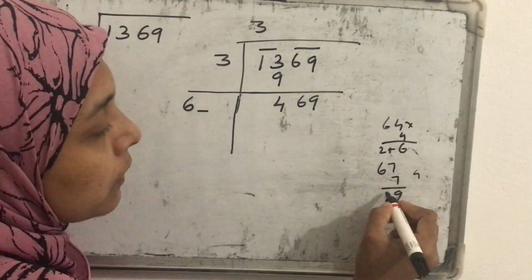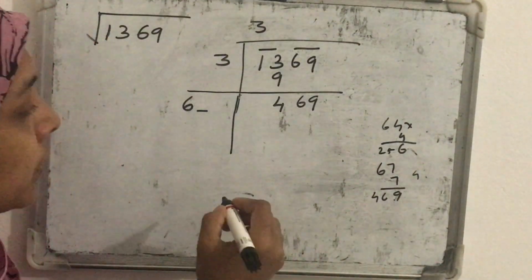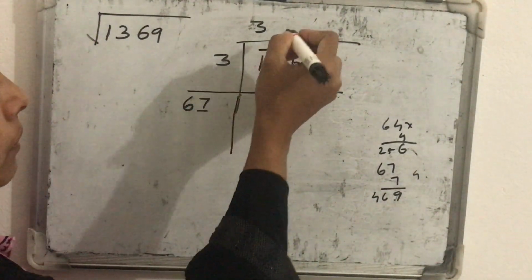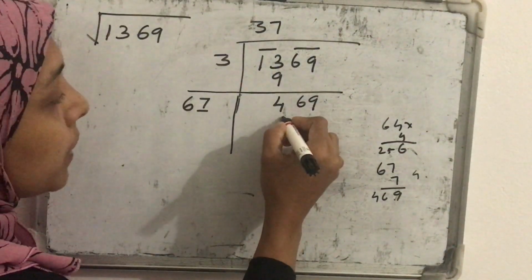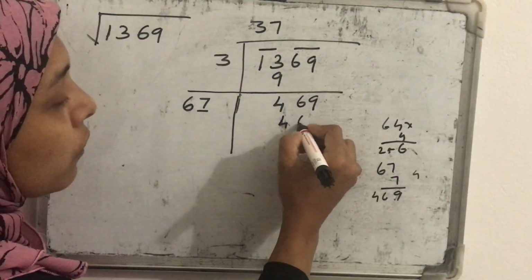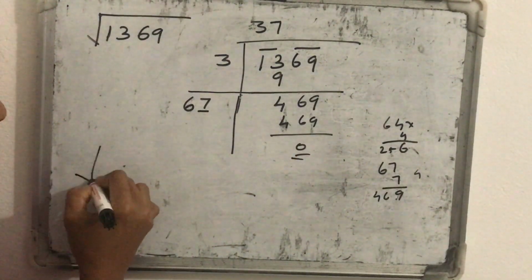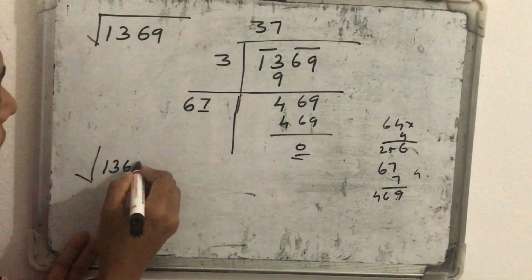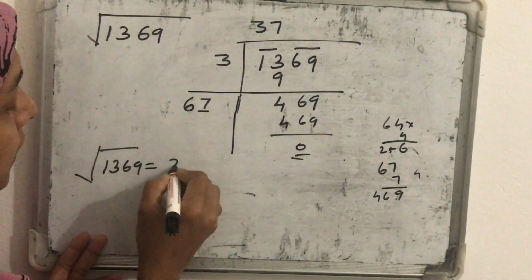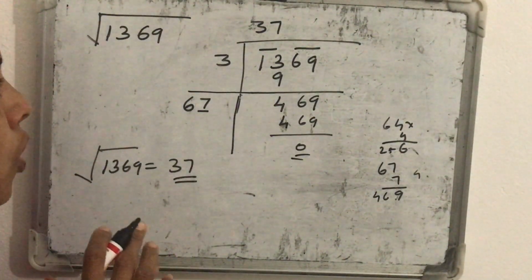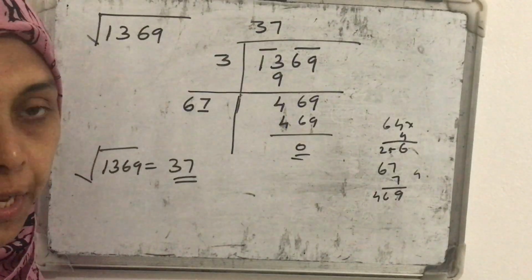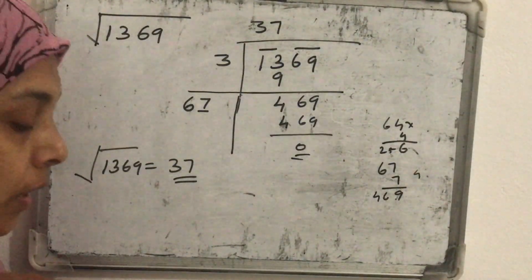Balance is 4, 6 into 7, 42 plus 4, 46. So we can write the number 7. Then 67 into 7, we got 469. Remainder is 0. So what is the square root of 1369? That is 37. I hope all of you understood this method for finding the square root of a number.